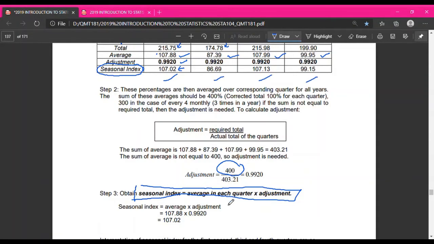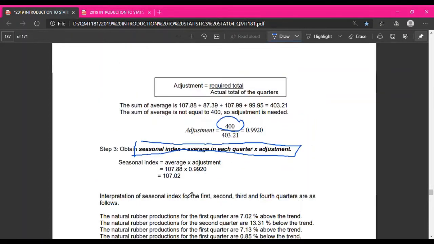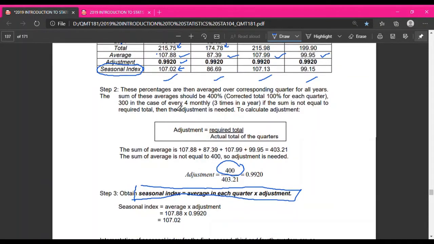Okay, how to interpret that? Okay, we can say that, kan tadi kita nak tahu seasonal index ni adalah kita nak tahu dia ianya above ataupun below the trend, kan? So kita tengok seasonal index kalau above 100 means that the nilainya adalah above the trend.